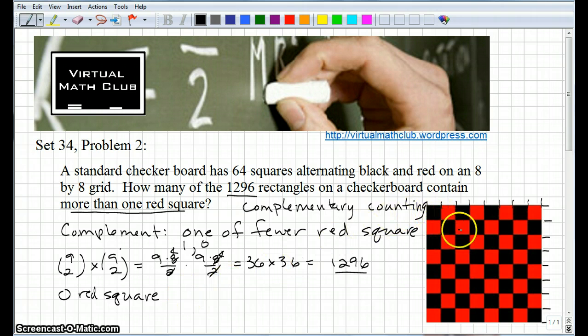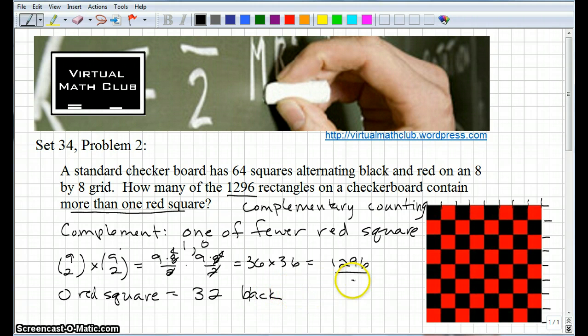Wait a minute, I have to think about this better. We have 4 black squares in each row, and we have 8 rows. So we have 32 black squares. Those are the rectangles that can be formed that don't have any red squares in them.